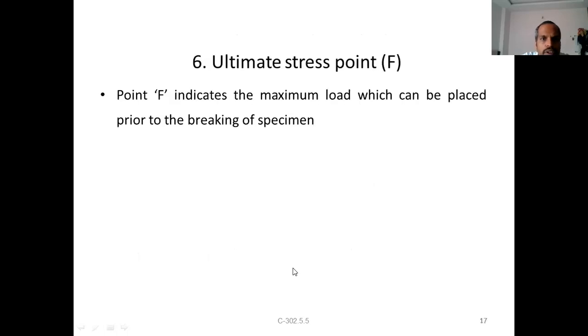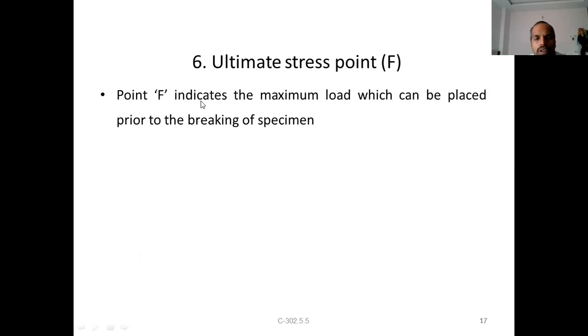Ultimate stress point. The point F indicates the maximum load which can be placed prior to the breaking of the specimen. Means it is the maximum in the curve, the highest point, which indicates the maximum load before failure.